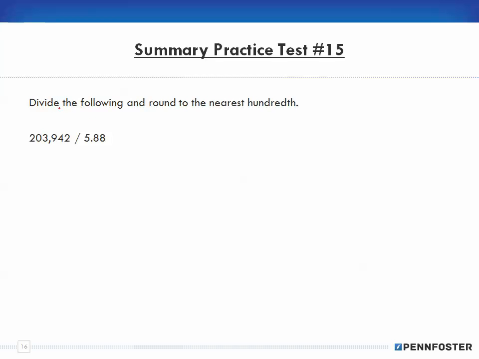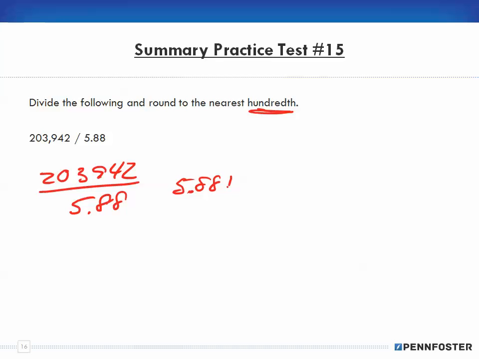All right. So for problem number 15, divide the following and round to the nearest hundredth. I have 203,942 over 588. That means I'm going to divide the 588 into 203,942.